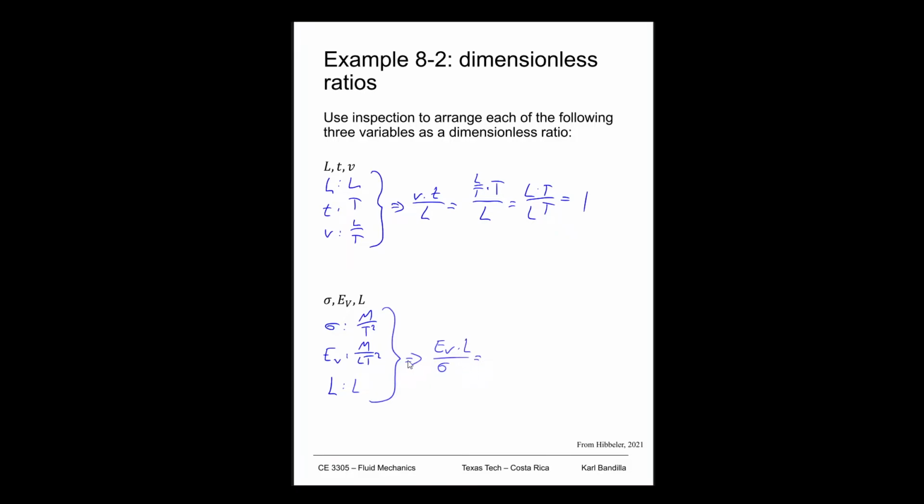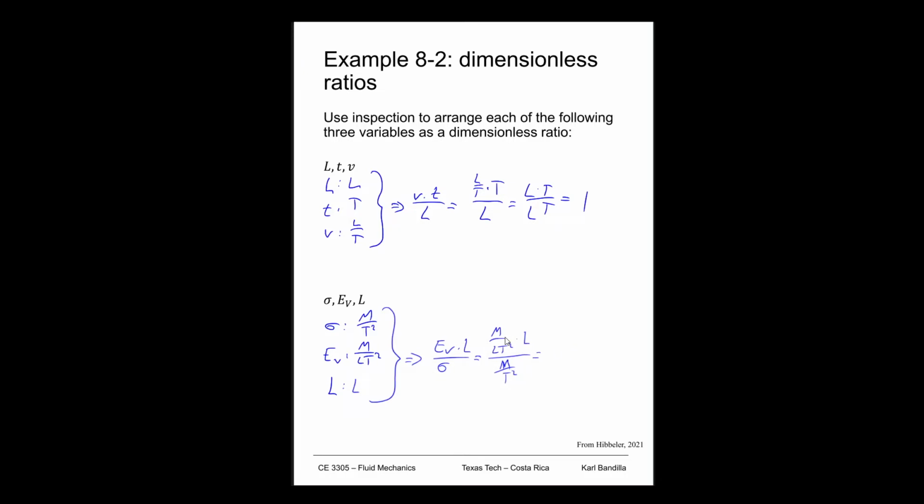See how that works. So we said the bulk modulus was M over L T squared times L divided by the surface tension, mass over time squared.